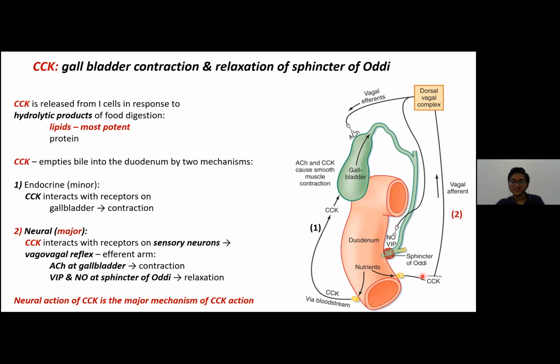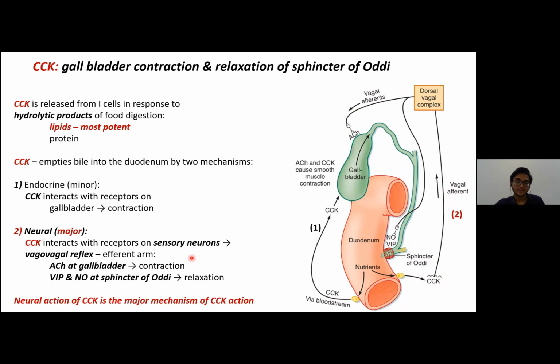So CCK acts on the vagal reflex, which causes a vagovagal reflex. A vagal afferent means sensory, efferent means motor, right? So a vagal sensory nerve gets stimulated by CCK, causes acetylcholine release at the gallbladder, causing contraction, and causes nitric oxide and VIP release at the sphincter, causing relaxation.